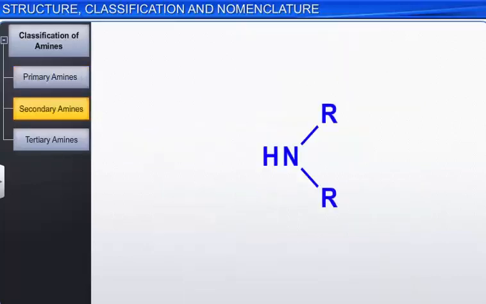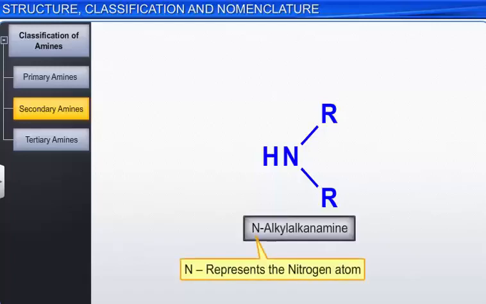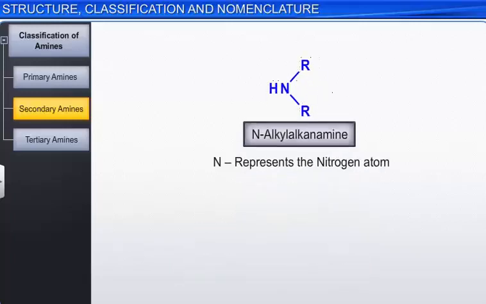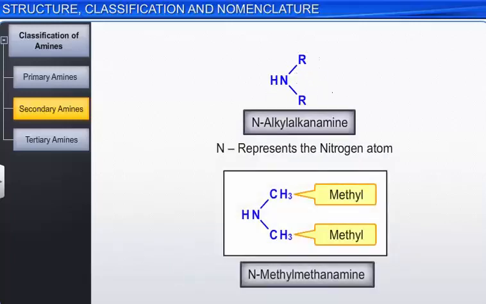Secondary amines with the same alkyl groups are named N-alkyl alkanamines. Here, N represents the nitrogen atom and should therefore be capital. For example, this secondary amine with 2 methyl groups is named N-methyl methanamine.